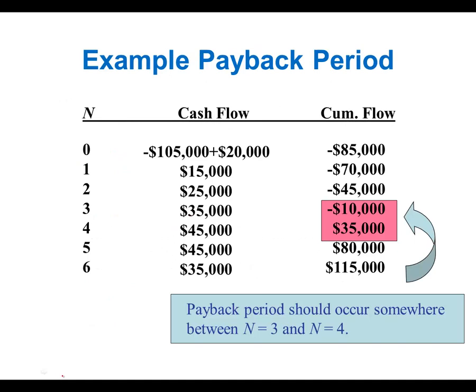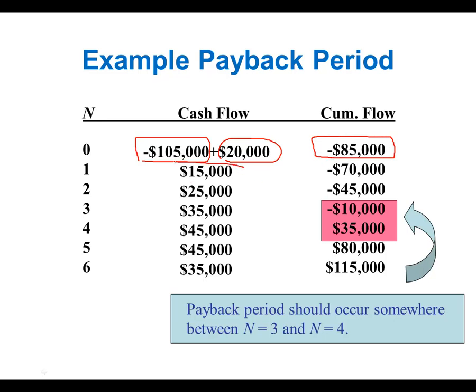If we are not considering the time value of money, just the cash flow, as you can see here, we paid, for example, $100,000 for an equipment, and we got back 20,000 the first year. Then I will subtract and I will get negative 85,000 the first year.